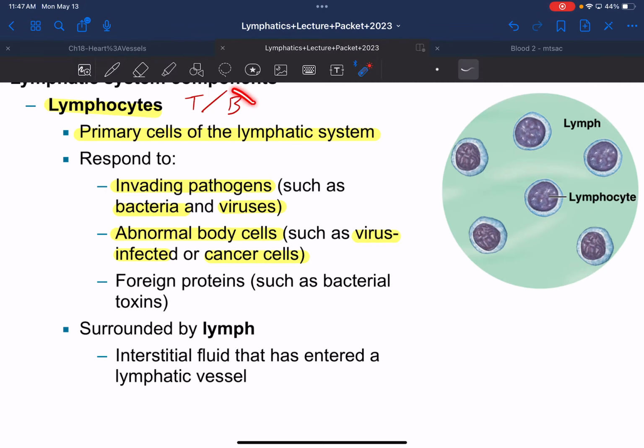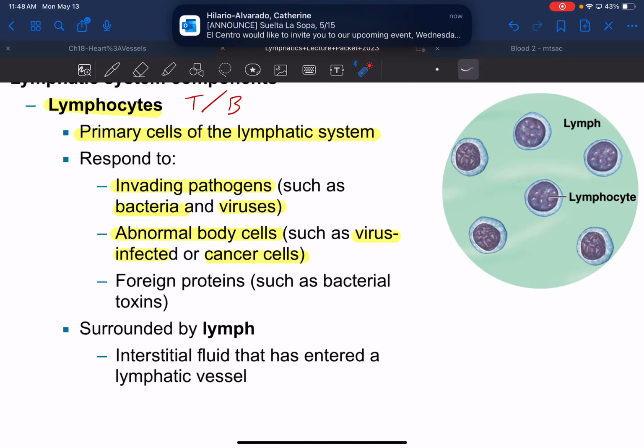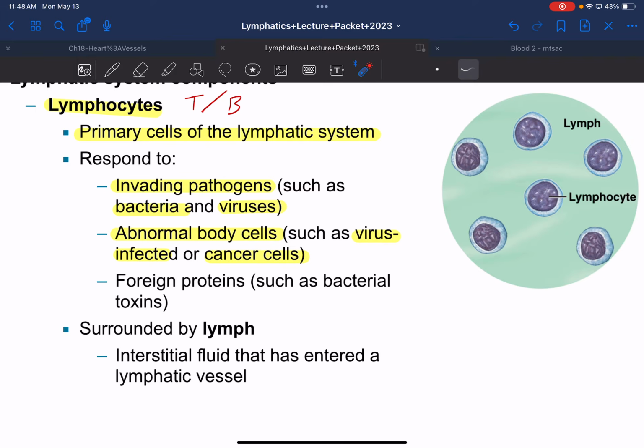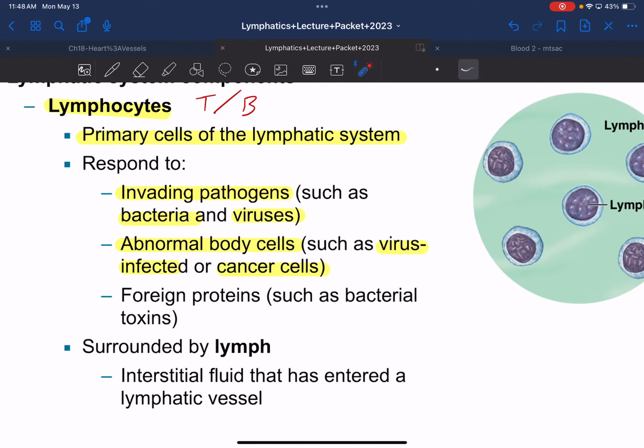And so even your T and B cells can actually create a response to cancer cells, which may have helped us in our day-to-day lives resist cancer, or it can be more harmful in some cases, because our lymphocytes can sometimes become hyperactive and then even begin to think that your regular cells are dangerous. That's what autoimmune disorders are. And so abnormal body cells include cancer cells and then virus-infected cells.